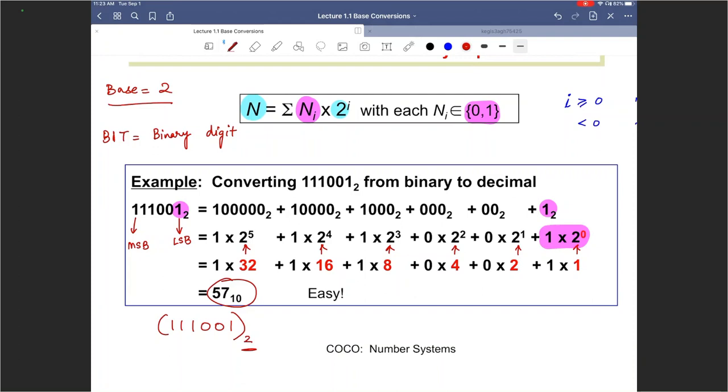So here is a question for you. If I need to multiply with increasing powers of 2 to convert from binary to decimal, what should I do to convert from decimal to binary?